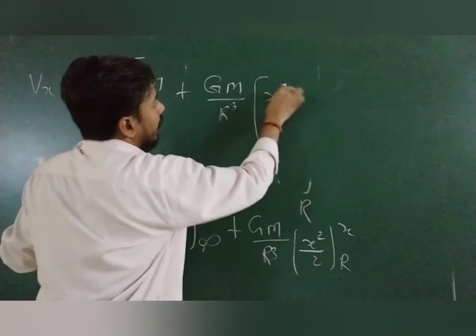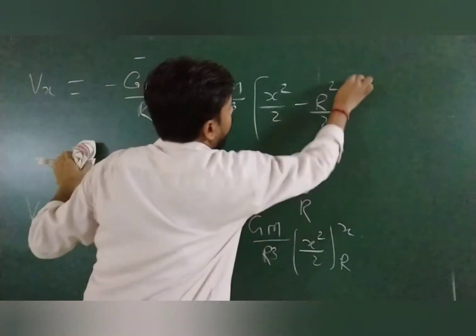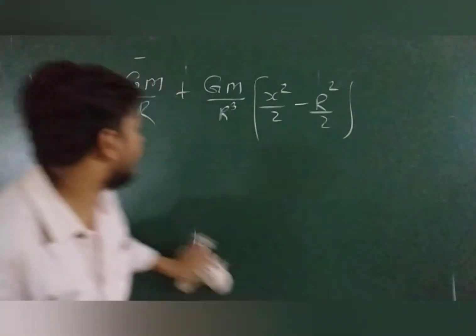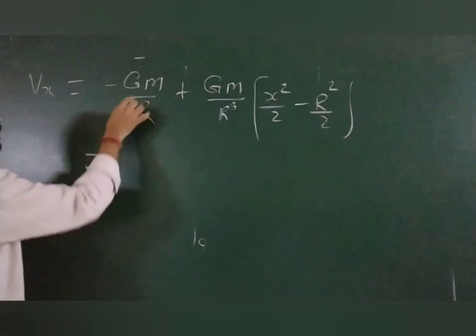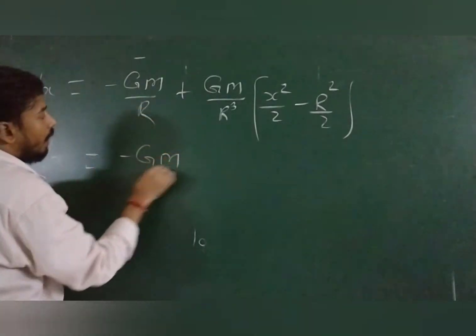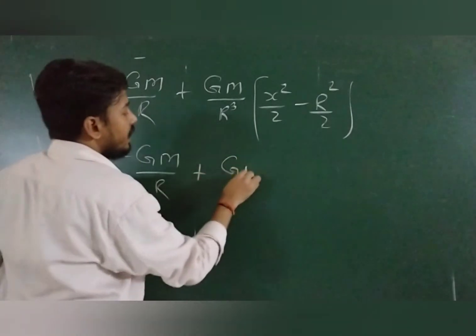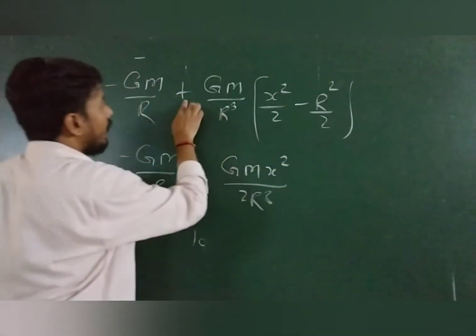So upper limit x square by 2, lower limit becomes minus R square by 2. If you solve this, the potential Vx comes out as: minus Gm by R multiplied by this one, plus Gm x square by 2R cube, plus and minus.